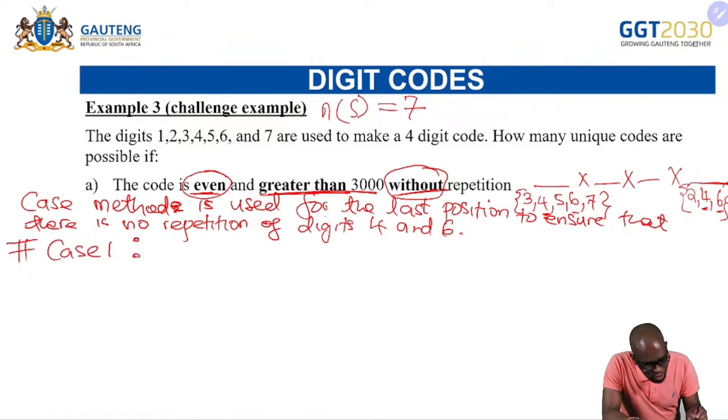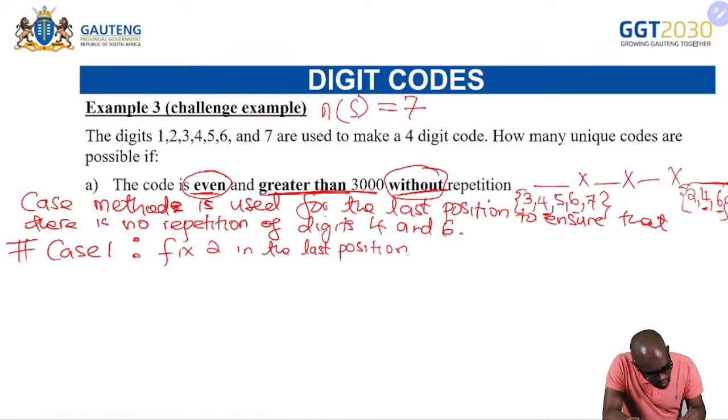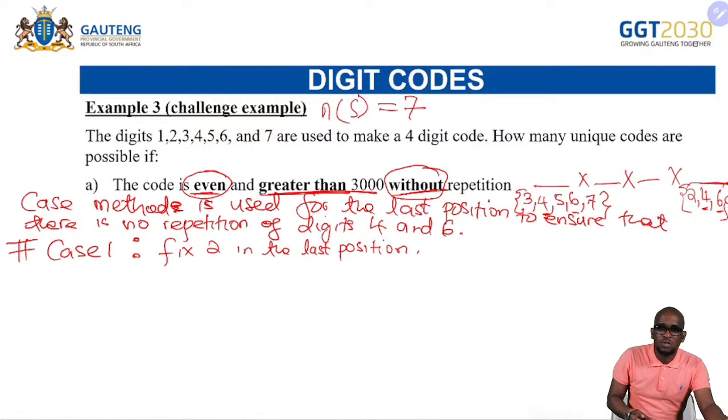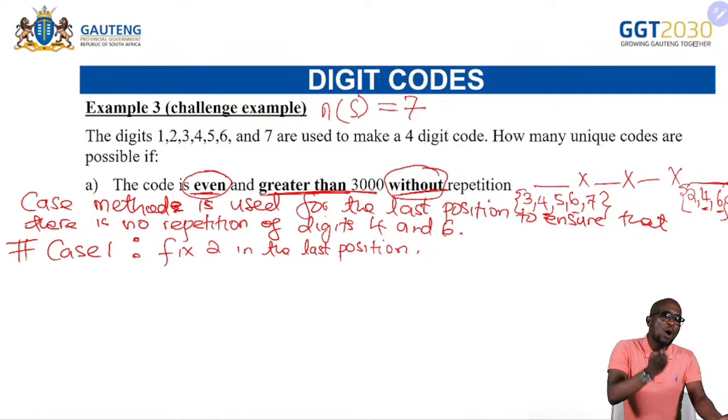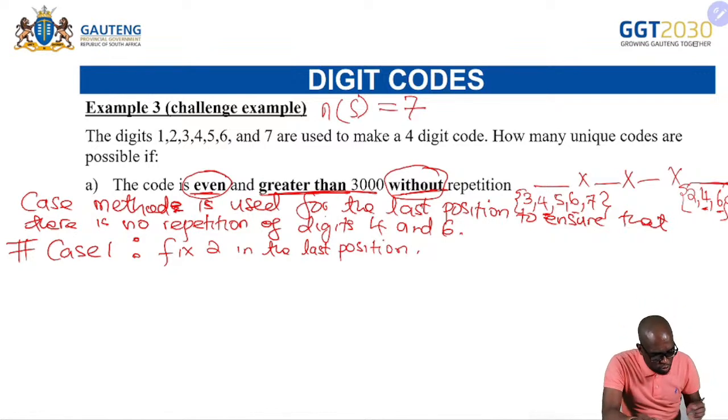Case 1, I'm going to fix 2 in the last position. How you use this case method, it is much easier if you're going to fix these numbers one by one. So I'm going to fix 2 in the last position.